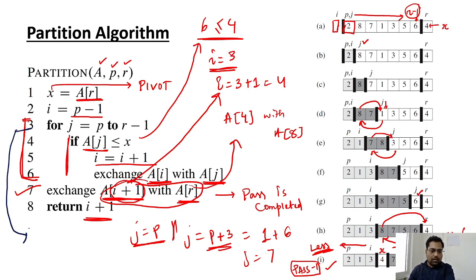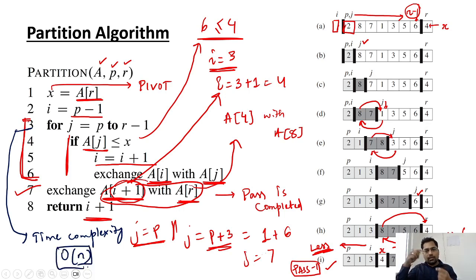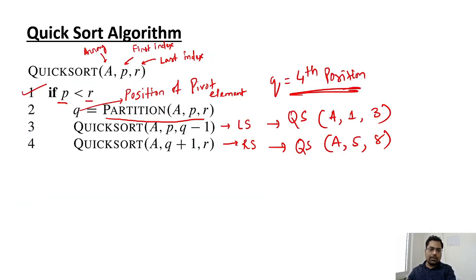For the for loop the time complexity is big O of n, because we are going up to n minus 1. As per the formula it's n minus 1, but n minus 1 is equivalent to n because a constant subtracted or added is ignored; we just consider the bigger value.